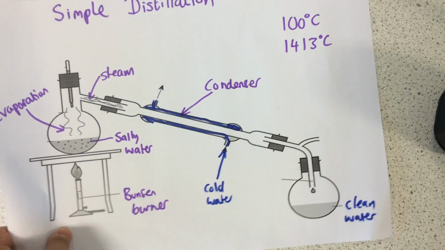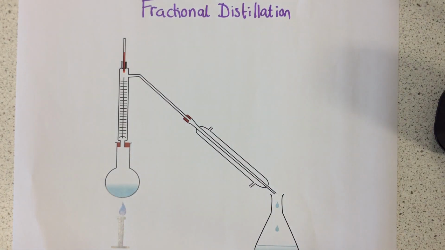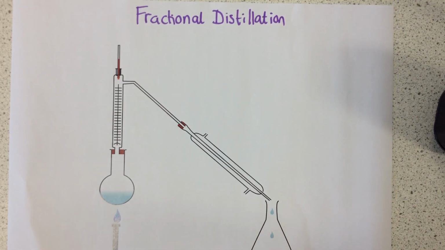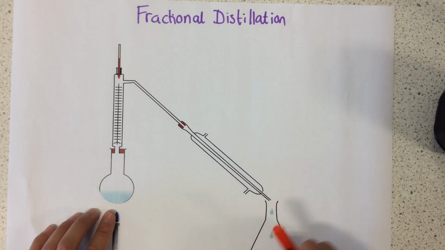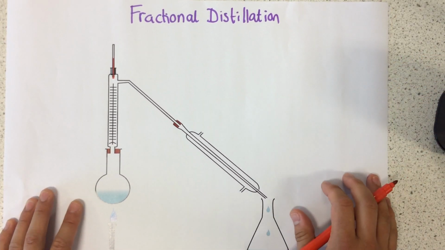The next thing we're going to look at is fractional distillation. Now the difference between the two is fractional distillation is used when we have a mixture of liquids with similar boiling points, or much closer.